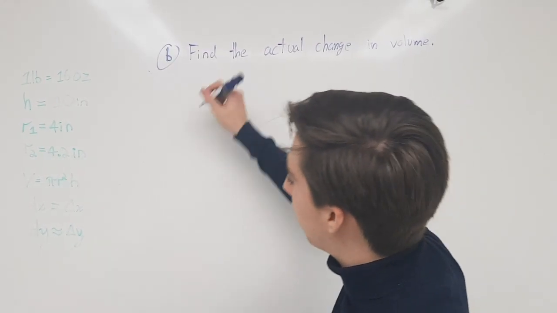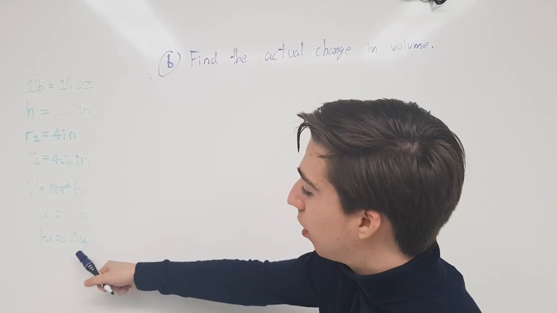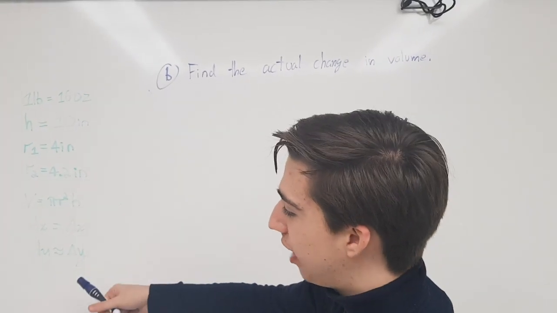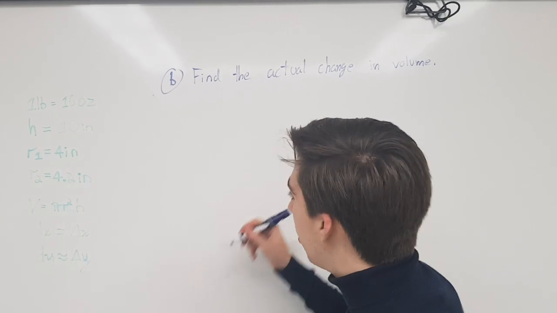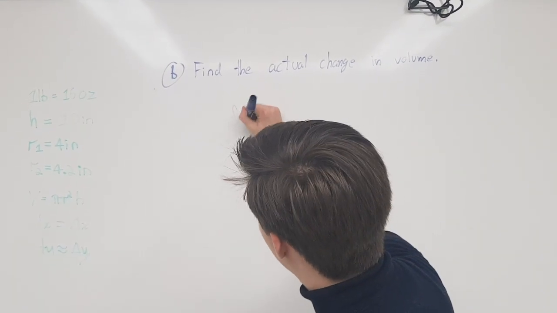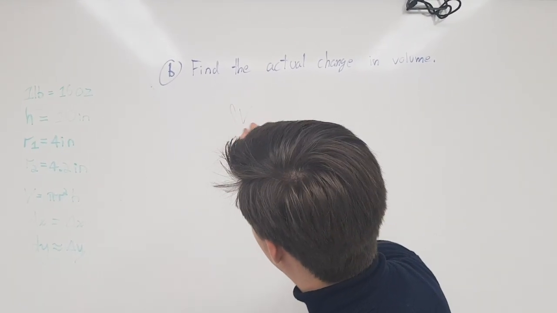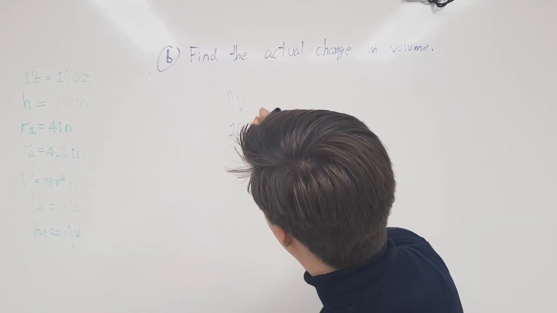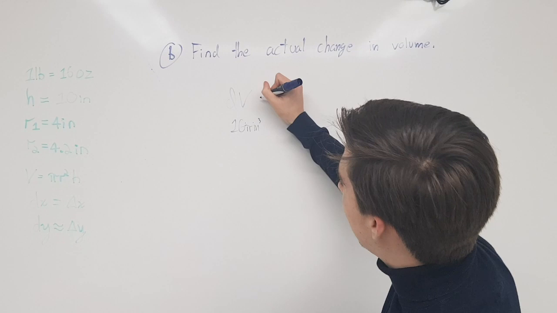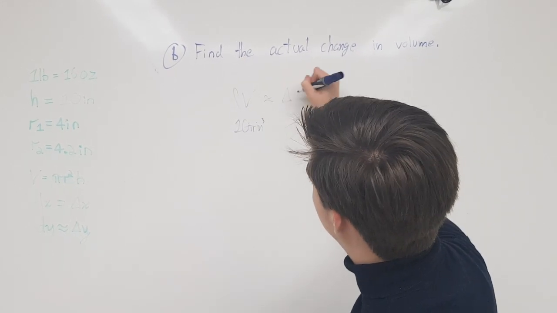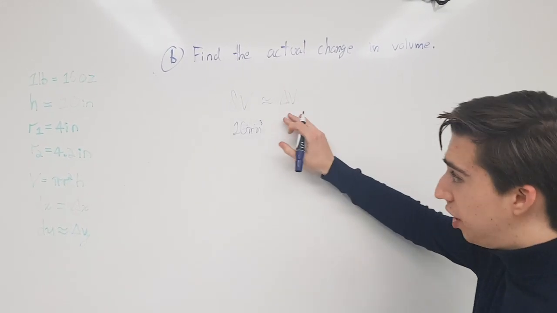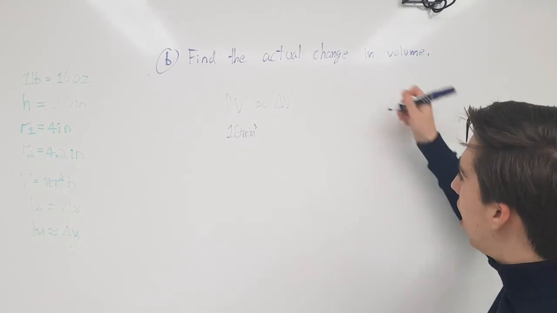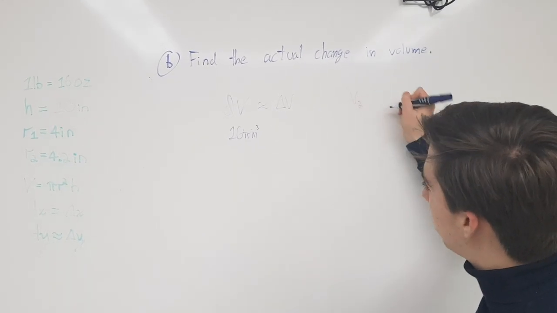As you know, the dy is almost equal to the change in y. And in this case, our y is our volume. So the dV, which was 16 pi inches cubed, is almost equal to the change in V. And to get the change in V, we have to subtract the first volume from the second volume.